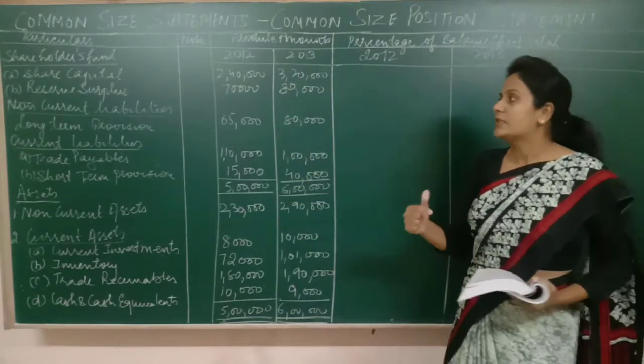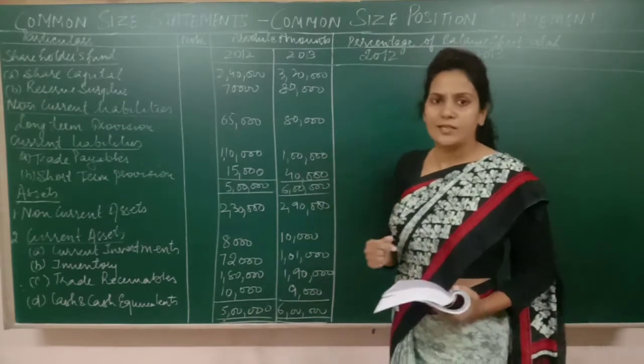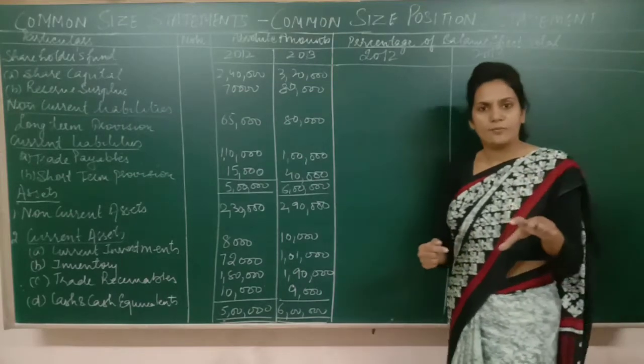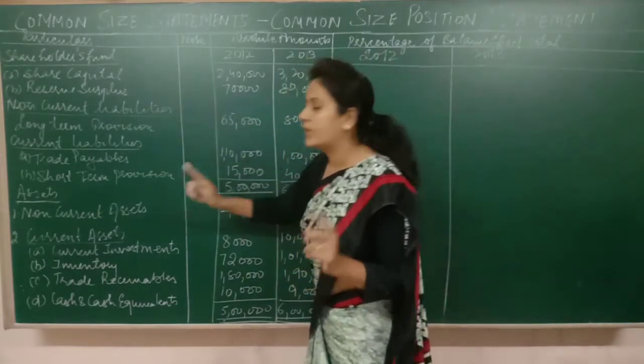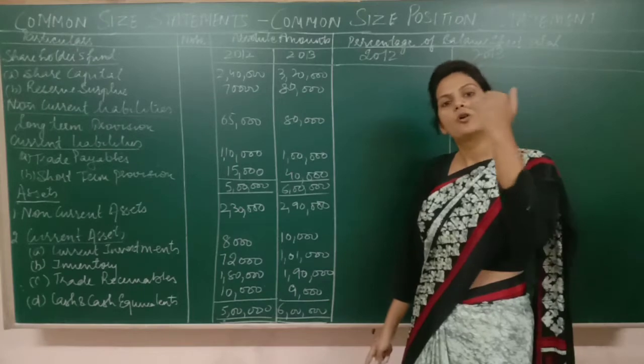Got it? This will be more clear to you when you do the practicals. Still, I would like you to understand that common size statements are those statements where we express each item individually in terms of percentage but to a common base.